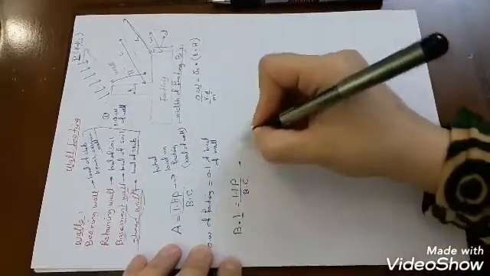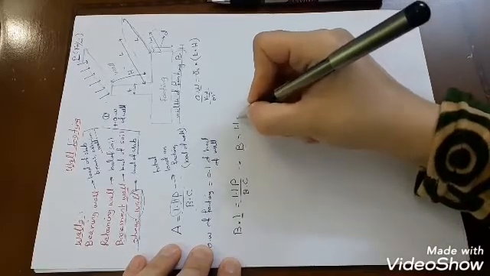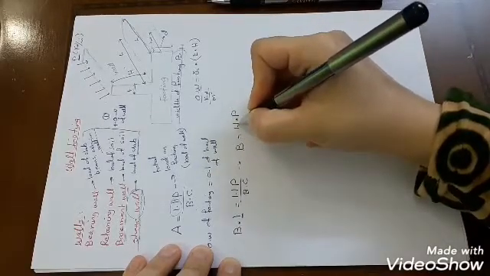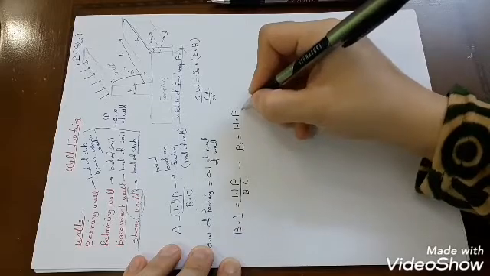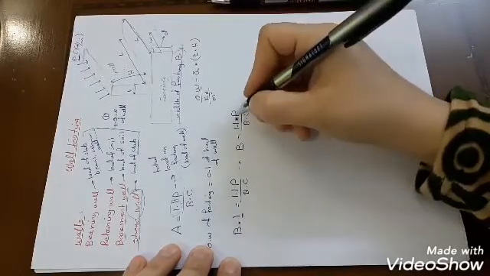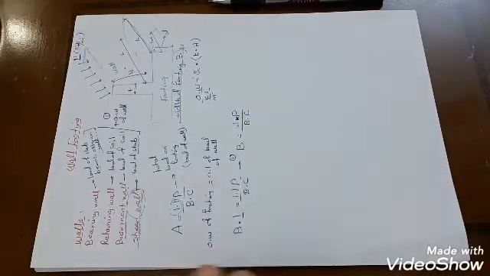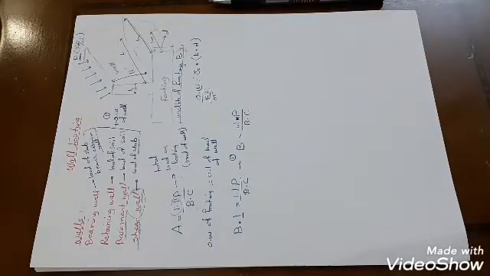So B equals 1.1 times P over bearing capacity. This is the first value, calculated from the bearing capacity.